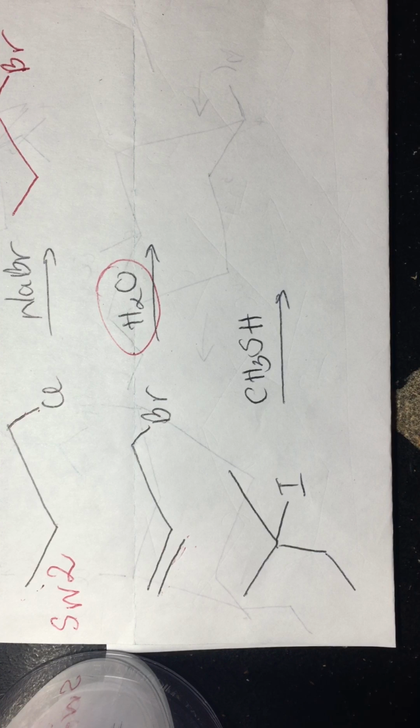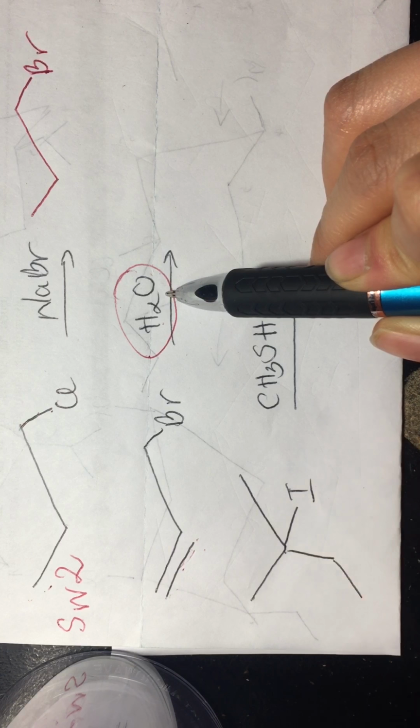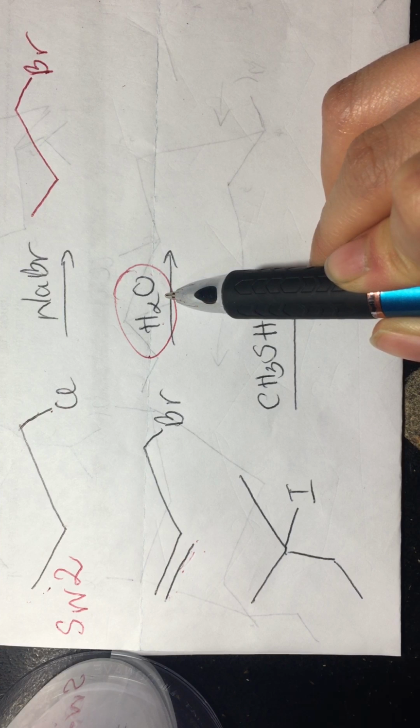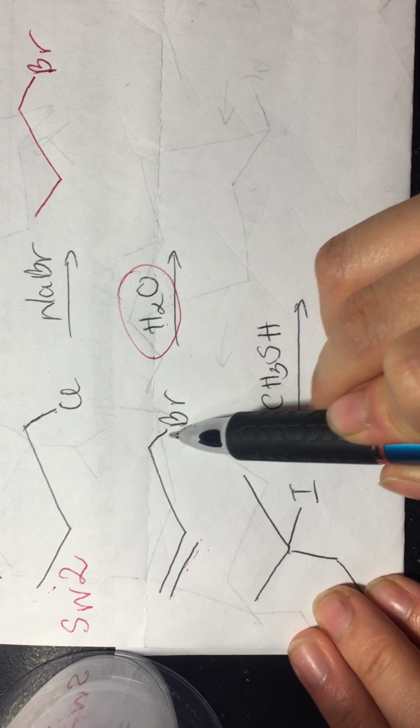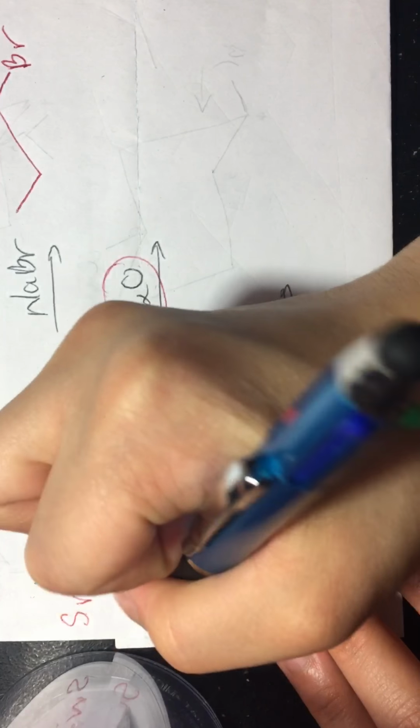And here, water is a weak base and weak nucleophile, so it cannot do SN2 reaction. We see that this can do SN1 reaction, and this also favors SN1 reaction. So this will occur as SN1 reaction.